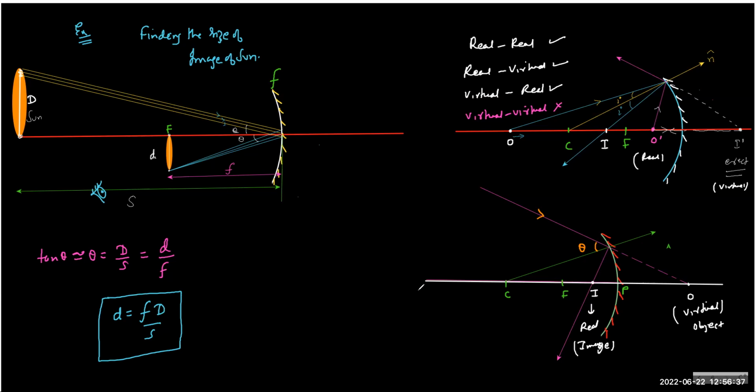So concave mirror can form everything except the virtual to virtual condition. This is the end of the concave mirror. We can go to the convex mirror. The extended body, I will not take right now. Maybe while deriving something, if I need, I will take it.